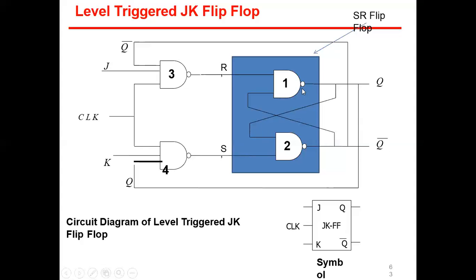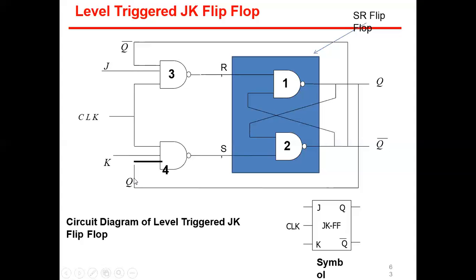In the same way, the output of gate number 1 is given as the input of gate number 2, and gate number 2 is giving its output as input of gate number 1. That is called cross coupling of gates, in which we have J and K inputs and we are providing the clock.